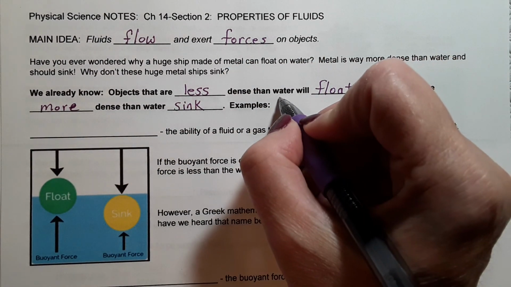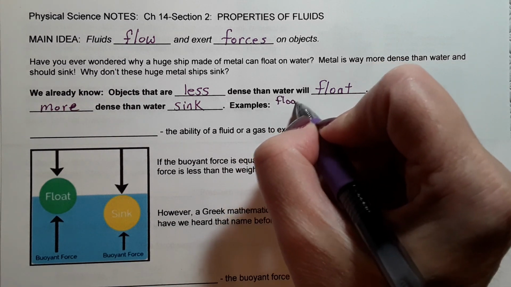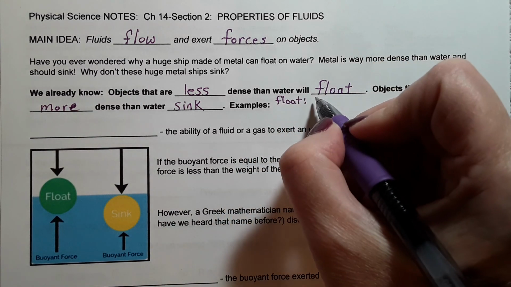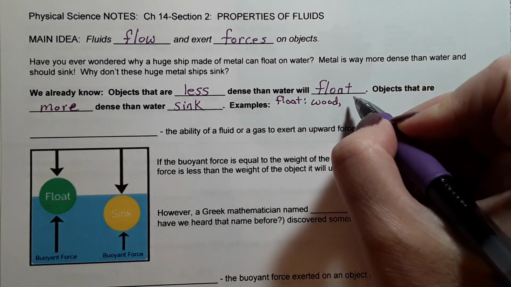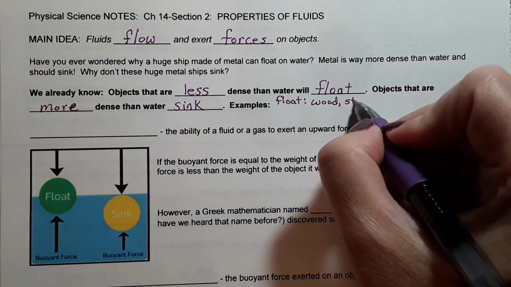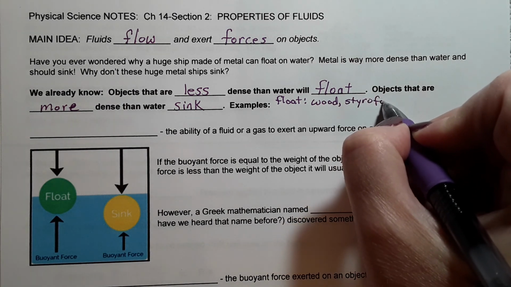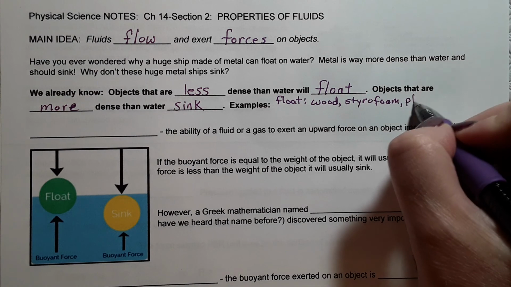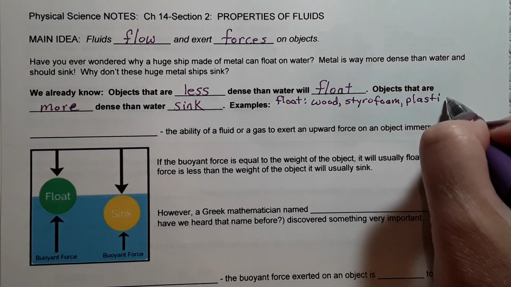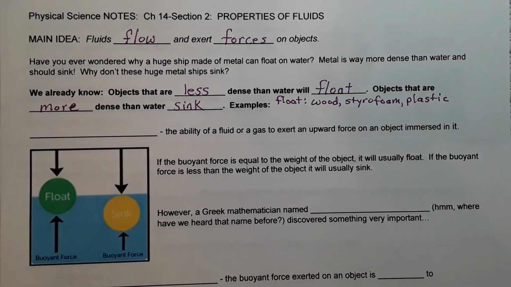Let's look at some examples so we remember. If an object floats, it's probably made of wood or maybe styrofoam, or maybe some sort of plastic, or maybe even some type of rubber.